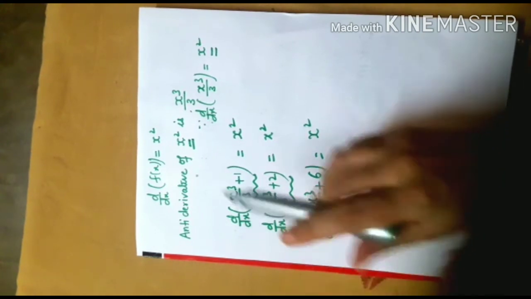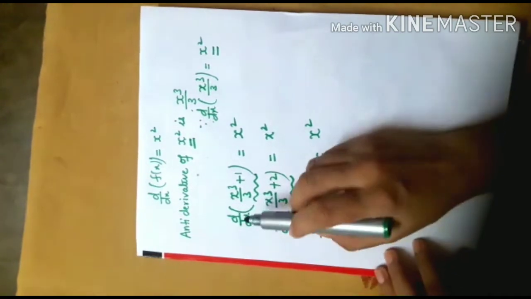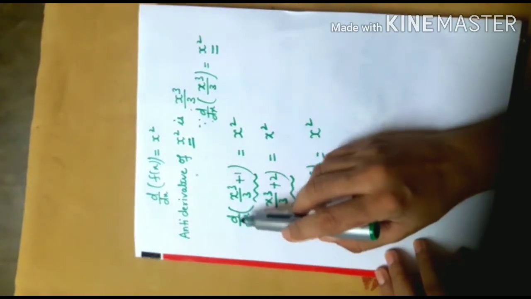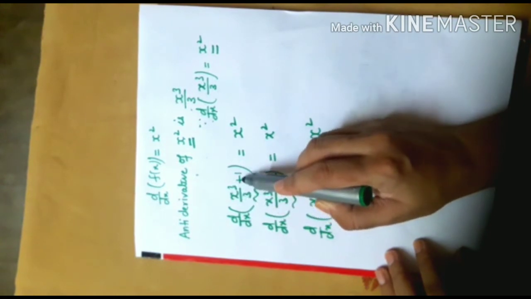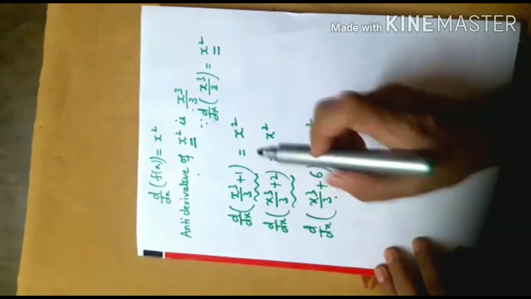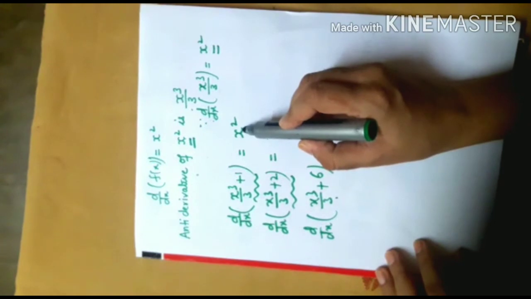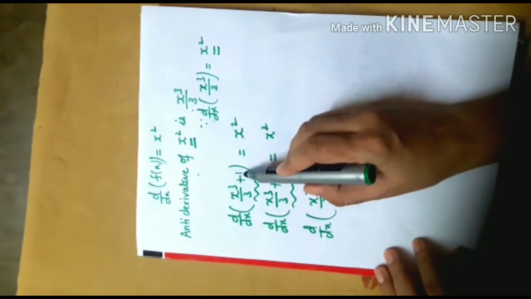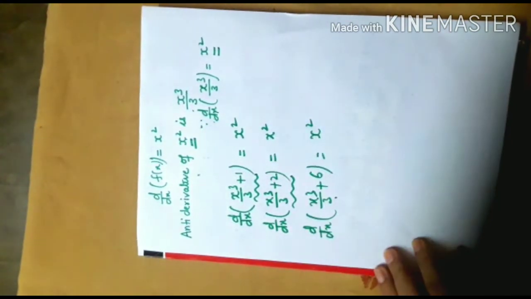Now, if I ask you, is there any other antiderivative of x squared? What will be your answer? Let's see. What is the derivative of x cube by 3 plus 1? Yes, it will be x squared because 1 is a constant, so its derivative will be 0.